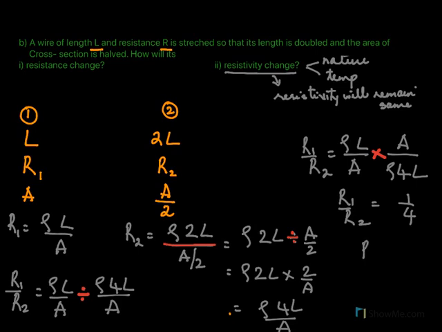So I see that R1 is R, say, and R2 is 4R. So what has happened to the resistance? It has increased 4 times. So I say here resistance increased 4 times.